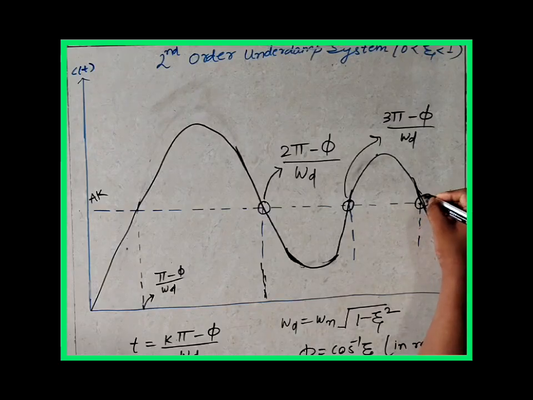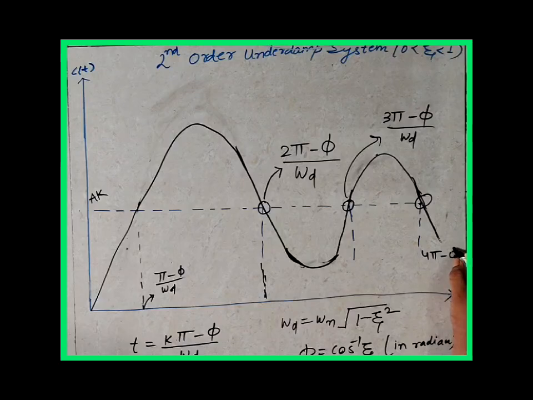And for this fourth point, it is 4 pi minus phi divided by omega d. So this is the first thing we have to know in the time domain, the time instances where the value of c(t) becomes equal to AK.